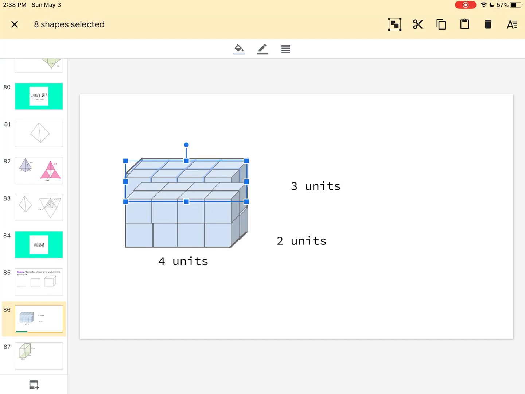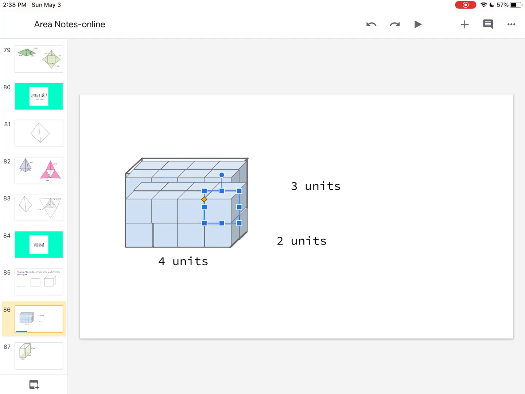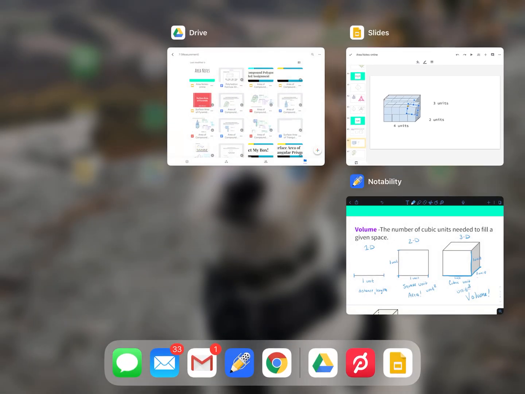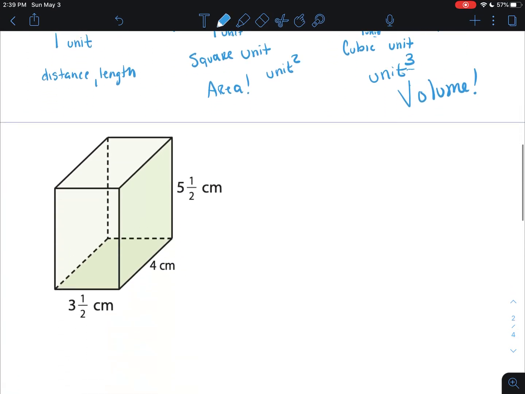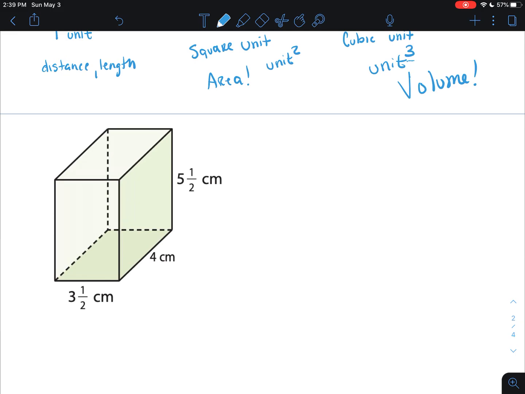Of course, it's not going to be pretty on my iPad, but you should get the gist. That 3 layers of 8 fit into that prism. So if I have 3 layers of 8, or 3 times 8, the volume of this is 24 cubic units. That is just the explanation of it. You don't really have to use that, but I did want to show it to you.